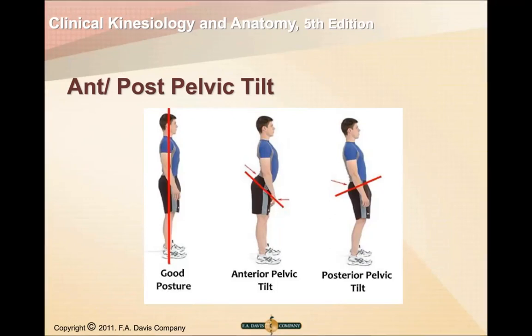So the anterior surface of your pelvis would be much lower than the posterior surface of your pelvis. And then the opposite of that, if you had a posterior pelvic tilt, then the ASIS is higher than the PSIS. That means your cereal is going to spill out the back of your bowl.